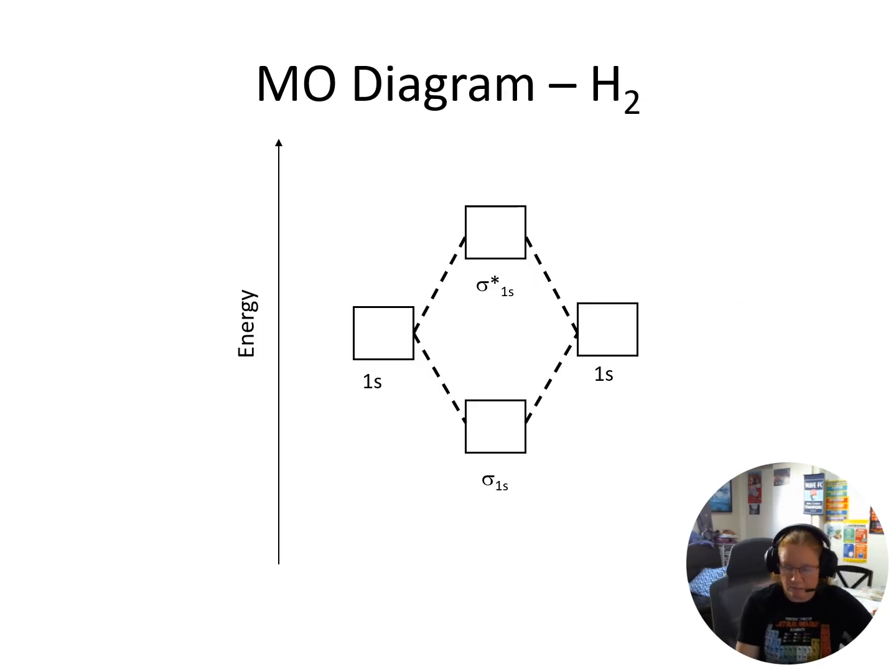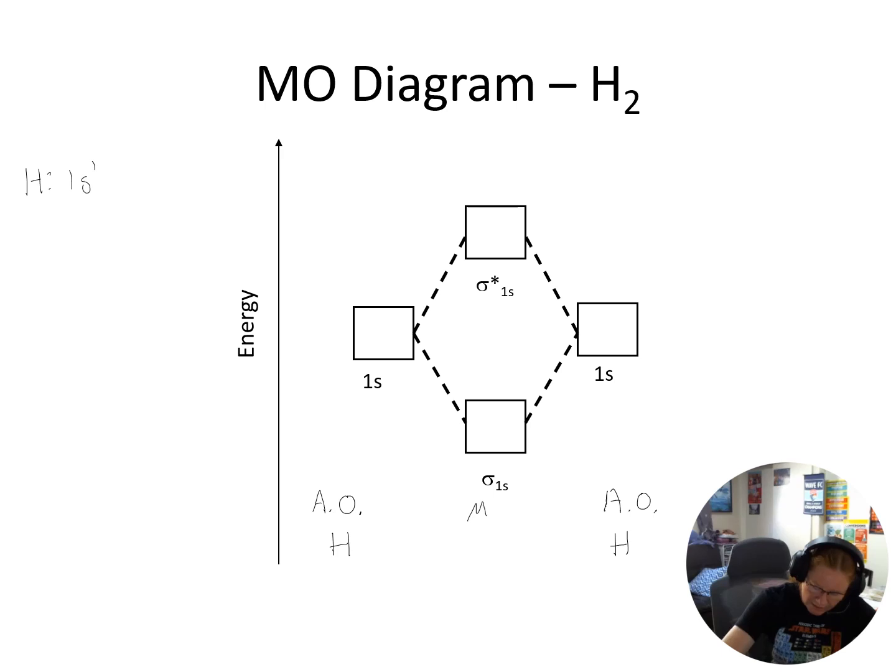Okay, so let's try to fill one of these molecular orbital diagrams in. So remember, hydrogen is a 1s1. Here we're going to have our atomic orbital for hydrogen. Here we'll have our atomic orbital for the other hydrogen. And in the center here, we'll do our molecular orbital for our H2 molecule.